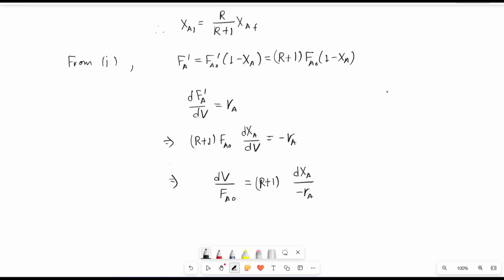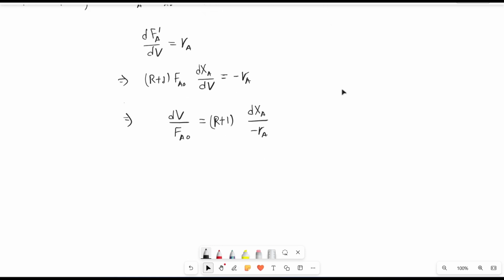Now to get the volume of the recycle reactor, we write V by FA naught equals R plus 1, which comes out of the integral. We integrate from XA1 to XA final, because at the inlet of the PFR there is a conversion XA1, of dXA by minus RA.